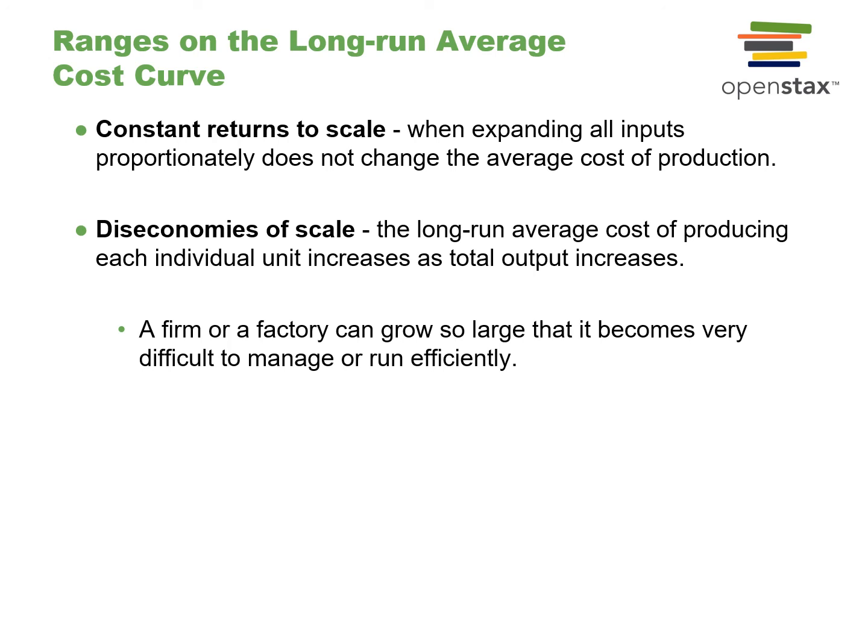A firm or factory can grow so large that it becomes difficult to manage or run efficiently. It turns into a situation where the right hand doesn't know what the left hand is doing, and maybe also due to its size, they have not factored in efficient communications between departments. Communications would be the reason why this would not work so well.